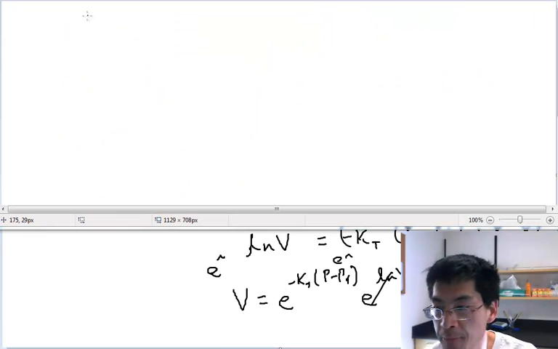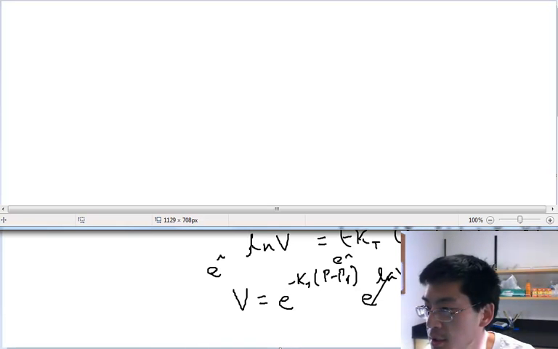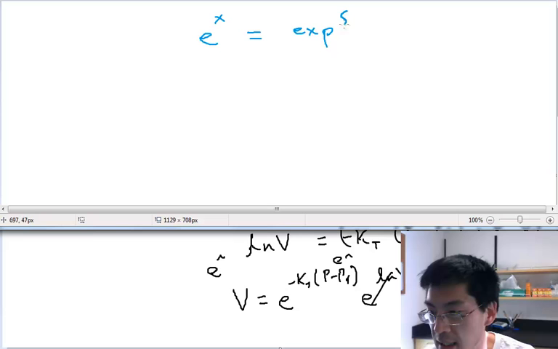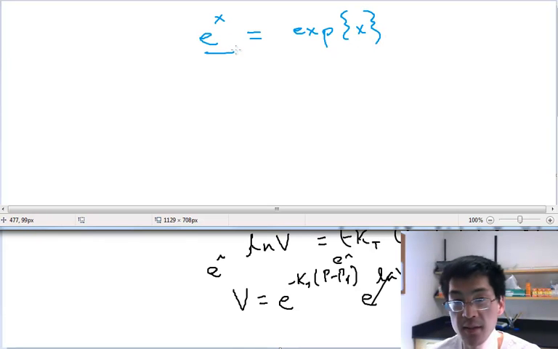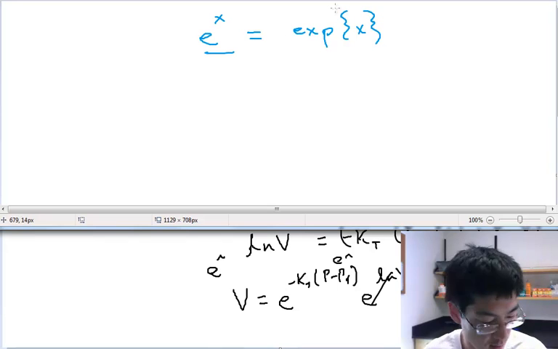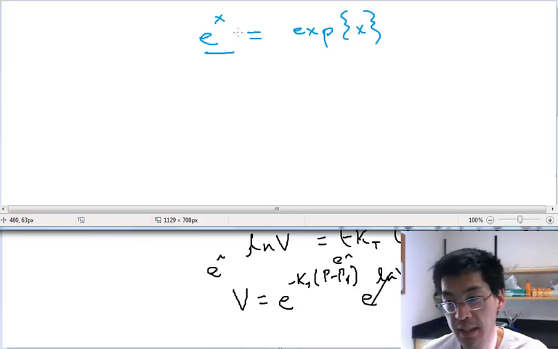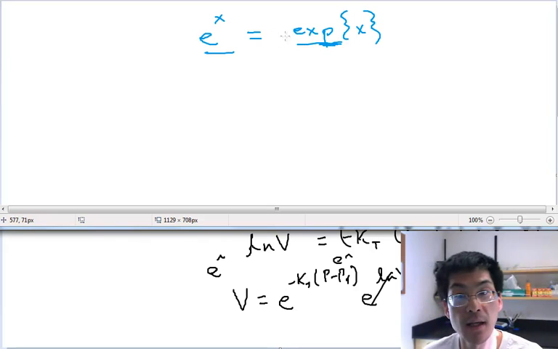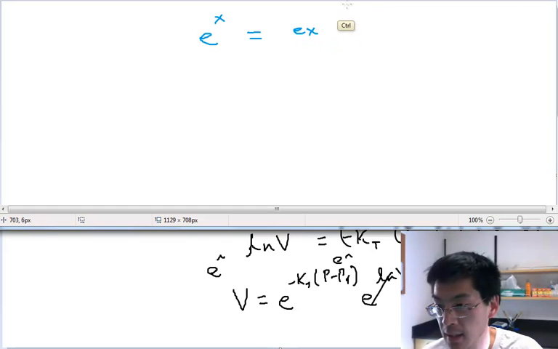I better pause here. Okay, so here's a new page, and commonly, are you familiar with the notation? E to the power of x is the same as saying this. People like to use exp because it's hard to put e to the power of x on a keyboard or something. I just prefer putting e to the power of x, but just remember that this means the same thing. Exp means exponential.